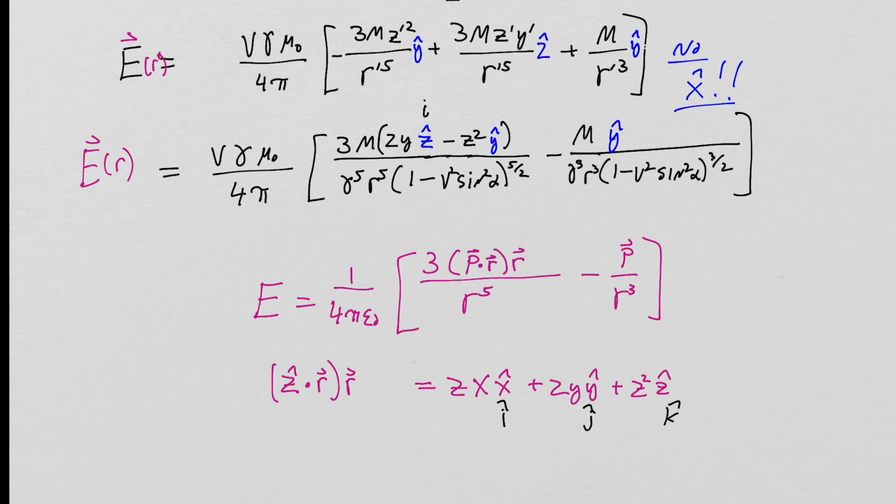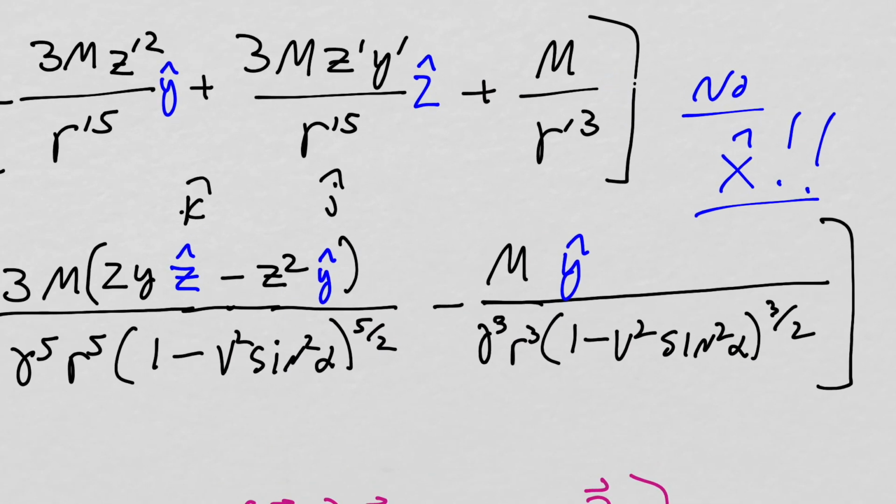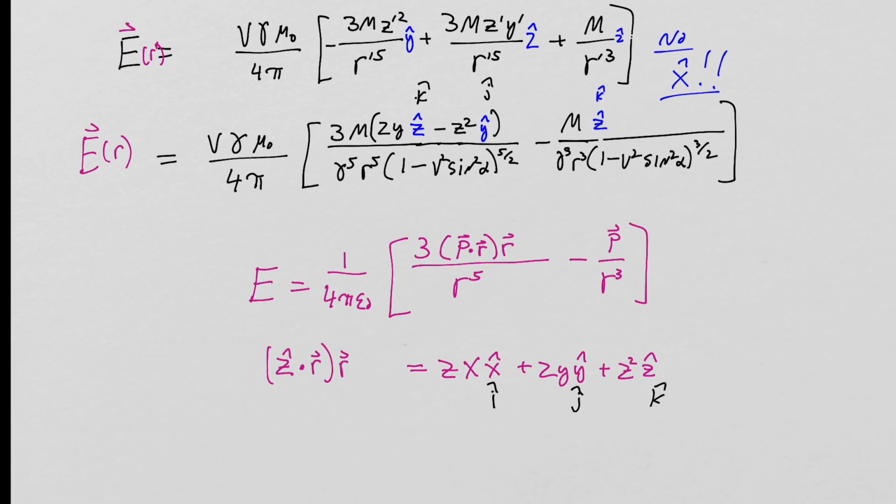So this is k hat, j hat, and I think I messed this up too, right? This y hat should be a z hat, and this y hat here should be a z hat, which should actually be a k hat, right? But anyway, the point is that there's no x hat. And the point is that this numerator in the real electric dipole does in fact have an x hat if it's aligned in the z direction.